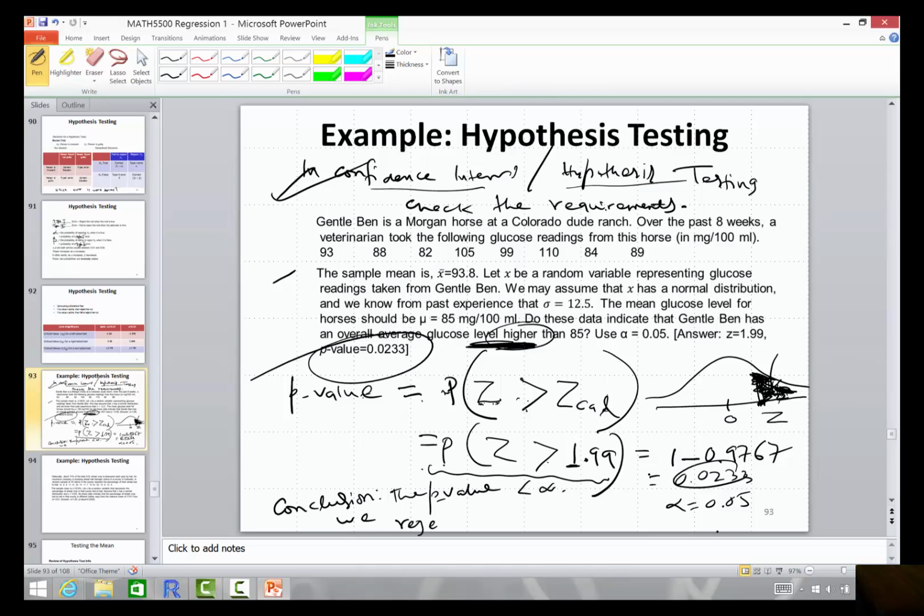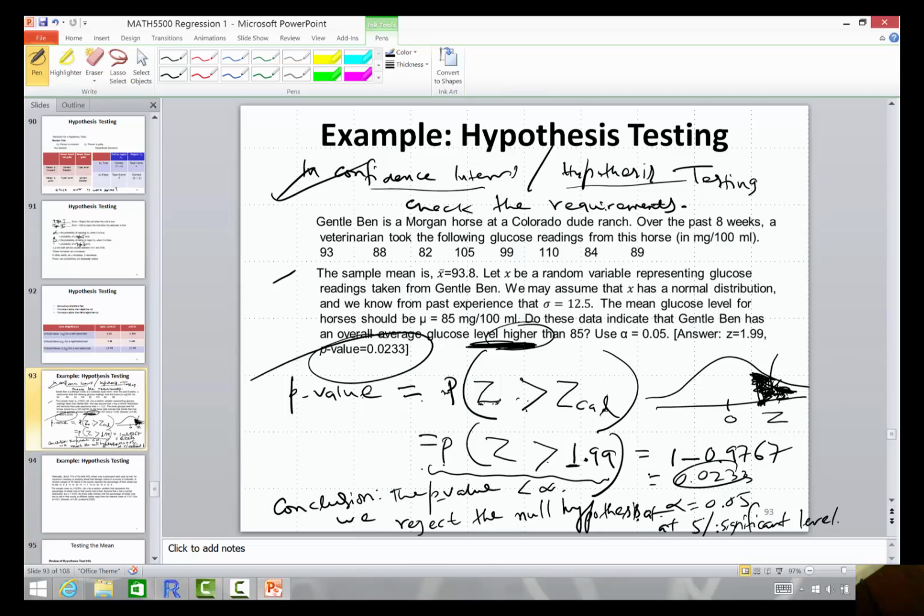We reject the null hypothesis at 5% significance level, because the p-value is smaller than alpha.